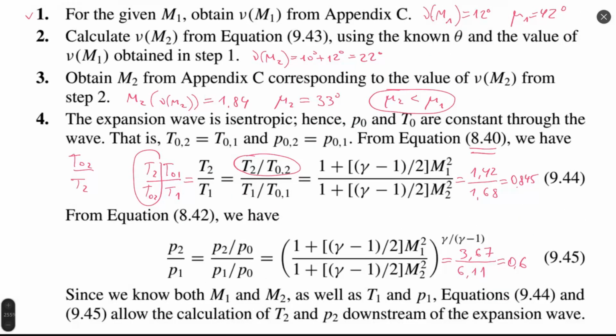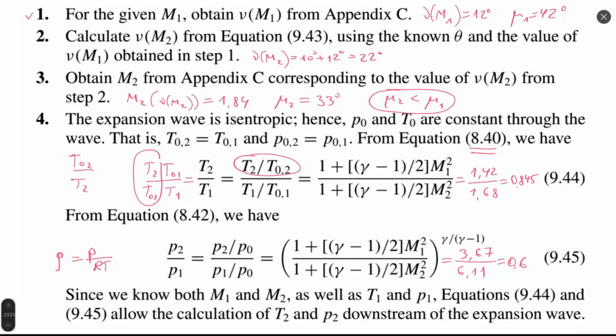We can do the same for density, but if you need to know density after such a transition, you can simply use the equation of state, which is the relation between pressure and density. From here, density can be found. I can divide by RT, so density will be equal to pressure divided by RT for the gas.